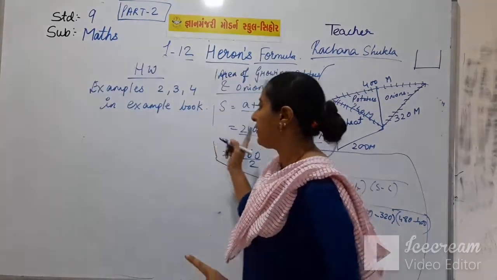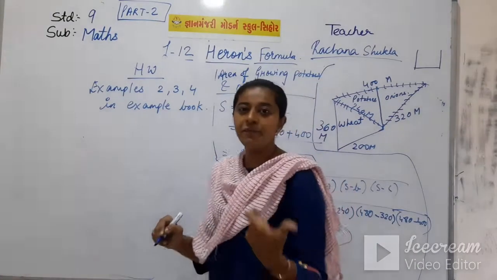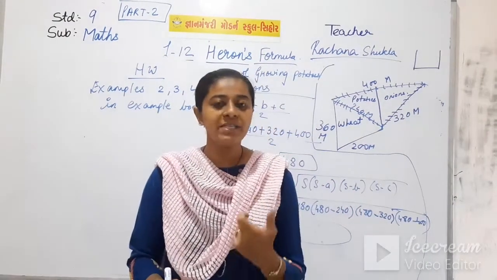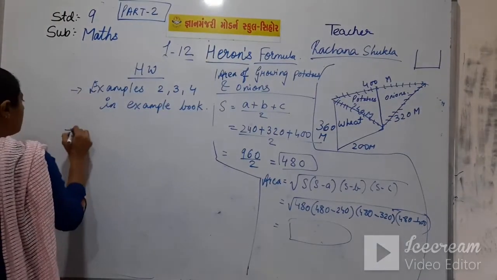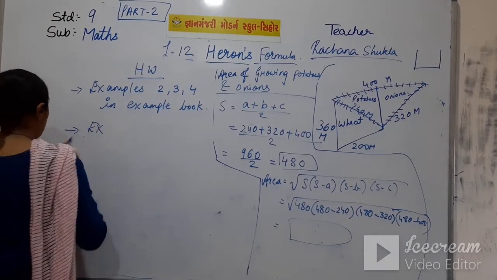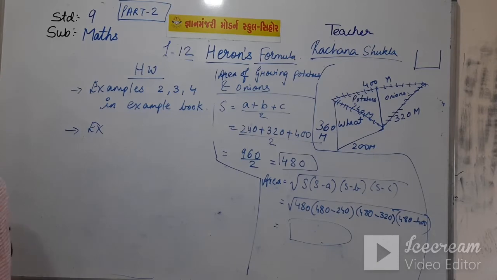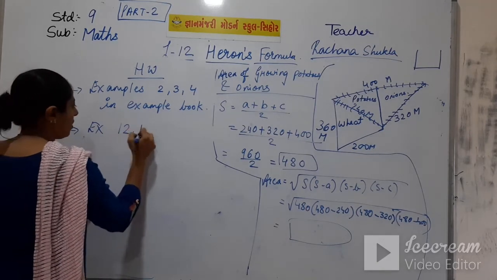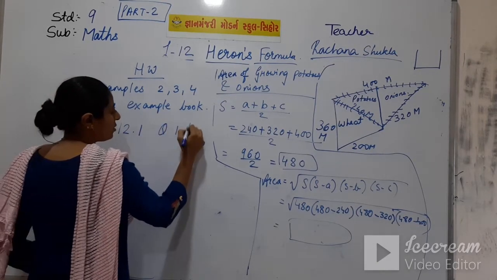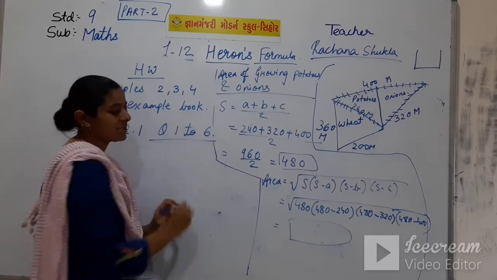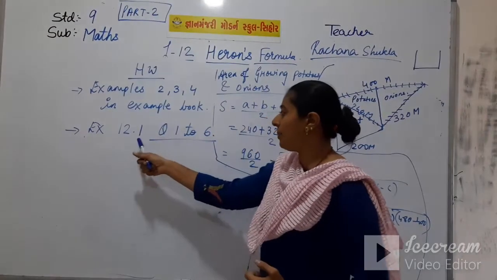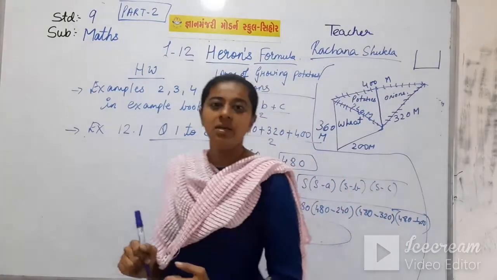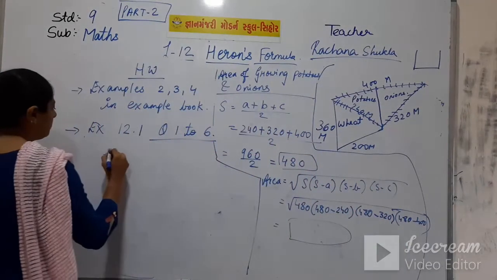Example 2, 3 and 4 in example book with figures, and figures are always with pencil, compulsory with pencil. And then you have to solve exercise 12.1 question 1 to 6, all the questions in your fair book. Please solve exercise 12.1 question 1 to 6 in your fair book.